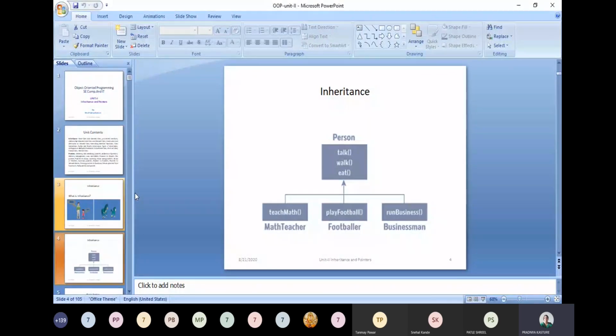So all these three classes have their own method plus the properties inherited from the person class. This is the concept, and this is the example we can frame with person as a base class and these three derived classes.